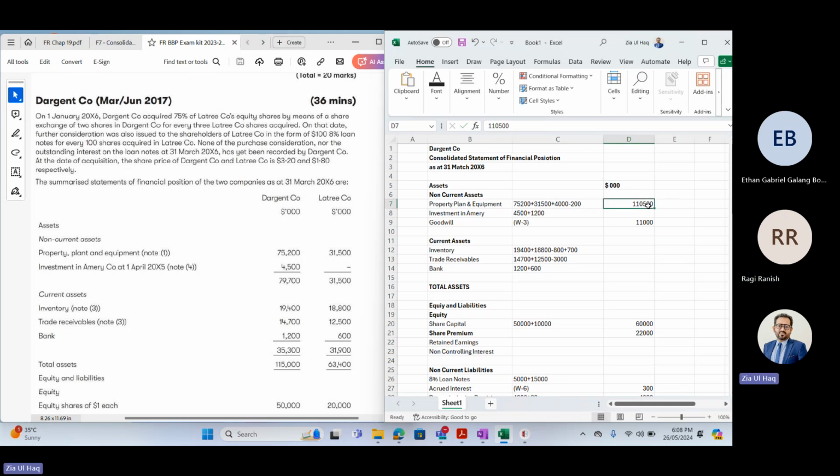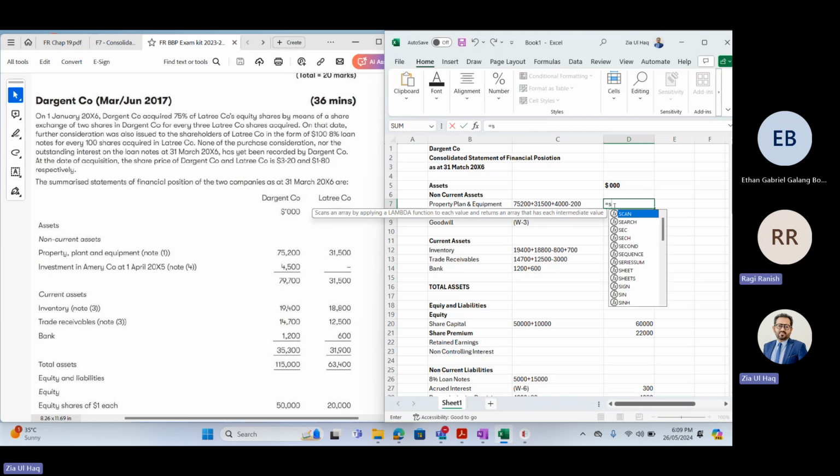Even we can calculate like this. Let me check. If we copy this, put an equal to sign and paste this. Control C, equal to sum, and then Control V. No. Let me check again.